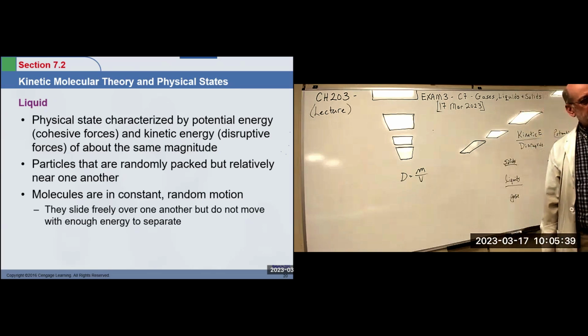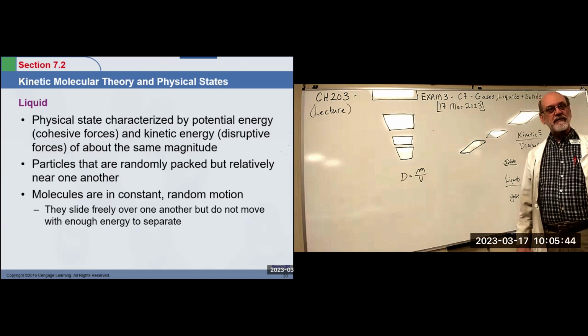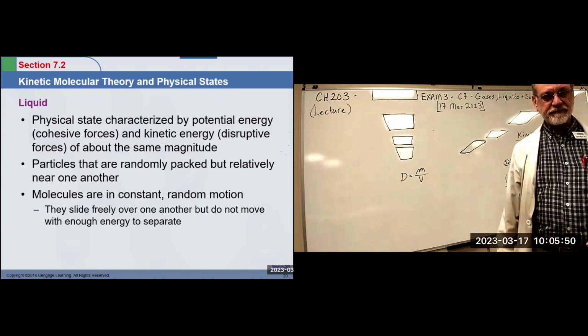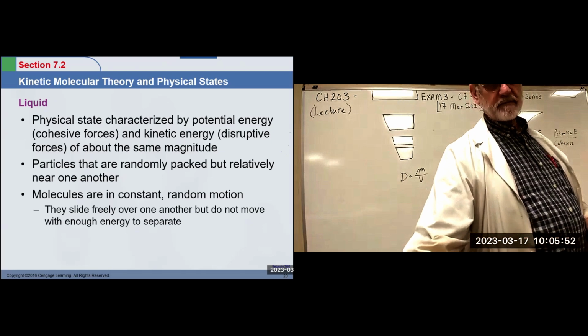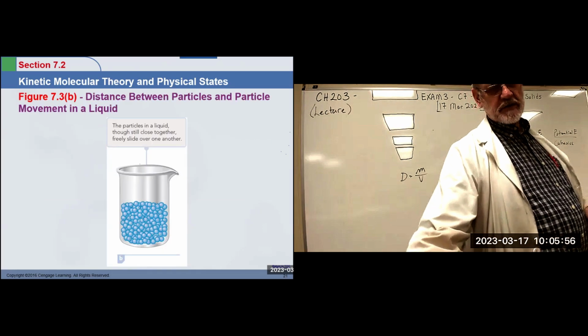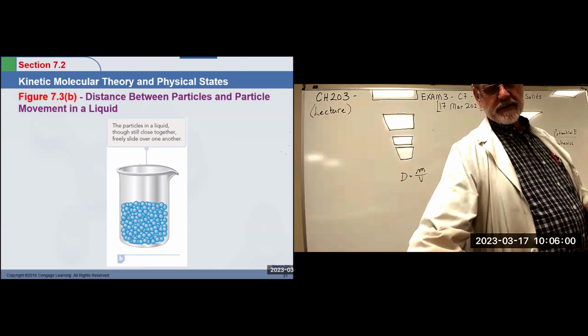But they're still very close together, which means they still have a definite volume. But because they're not locked into a physical orientation, they don't have a definite shape. And this is a representation of what they would look like. Just randomly assorted particles.